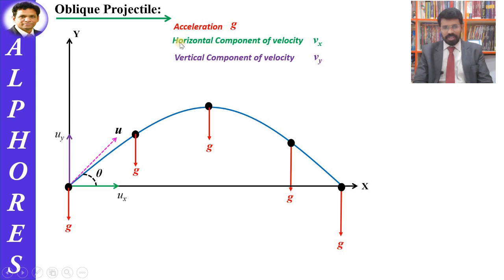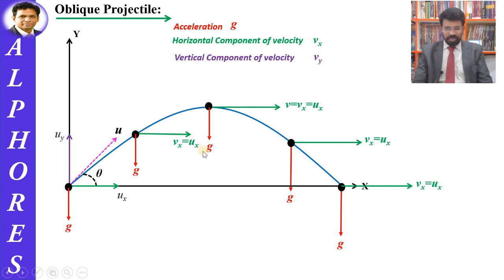The other one, the horizontal component of velocity, vx. Let us see how it is going to change. At all these points, it is in the horizontal direction only. There is no change of direction in the horizontal component of velocity. I stressed this point in the previous session also.